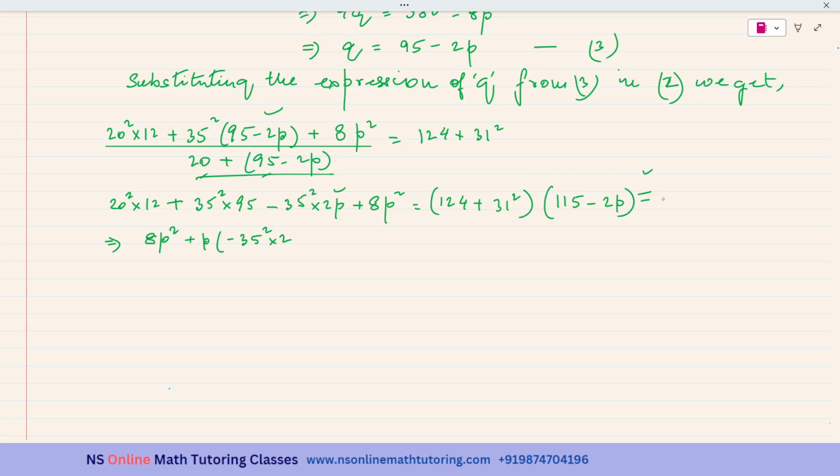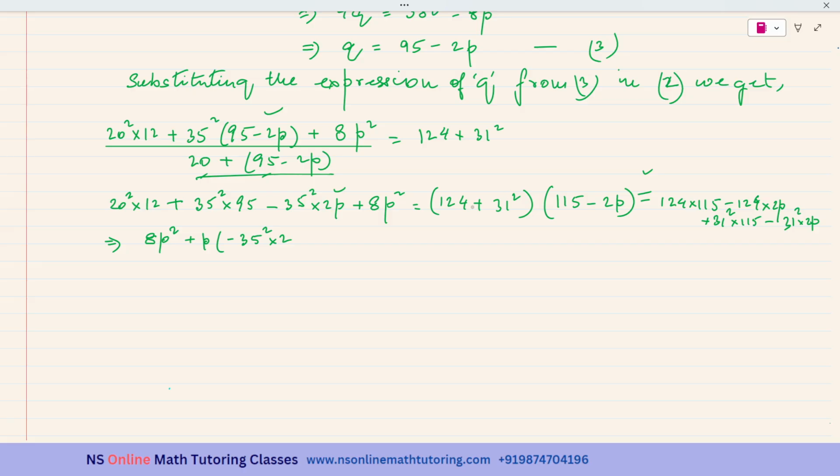So this is just 124 times 115 minus 124 times 2p plus 31 squared times 115 and minus 31 squared times 2p.